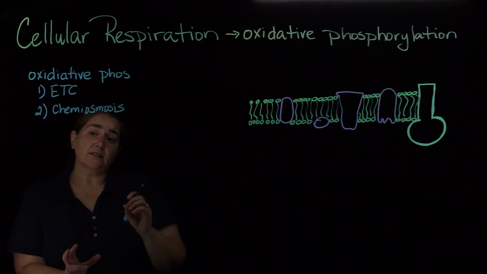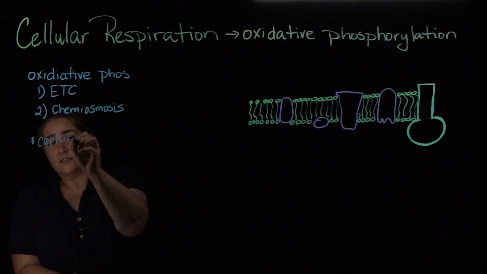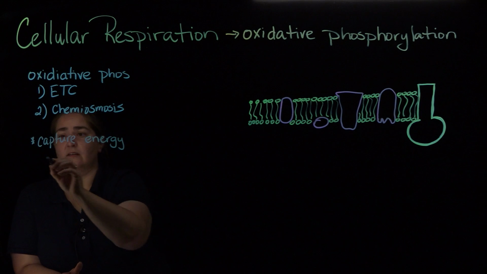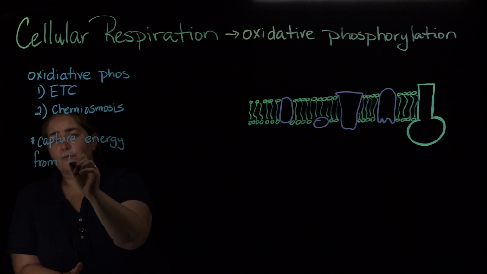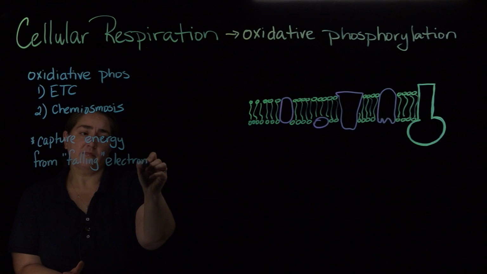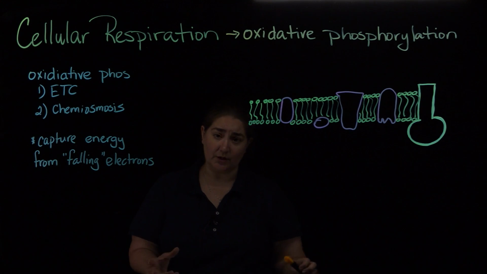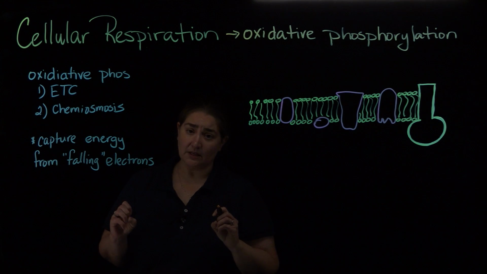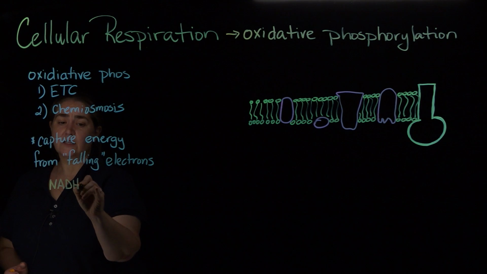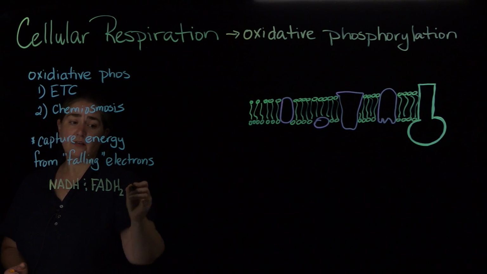Essentially, what oxidative phosphorylation does is capture or tap energy from what are referred to as falling electrons. If you remember from our previous two stages of cellular respiration, glycolysis and the Krebs cycle, we generated molecules: NADH and FADH2.